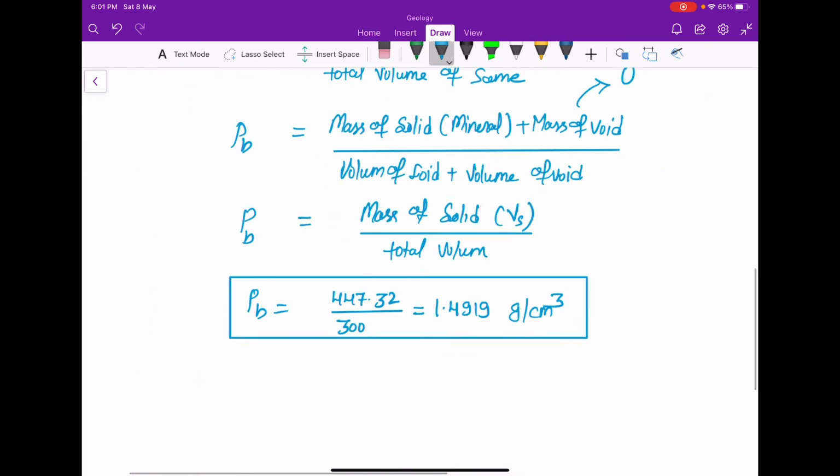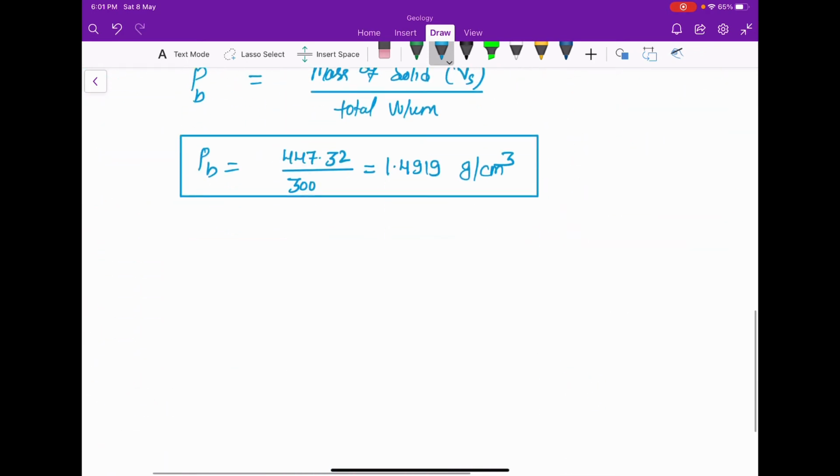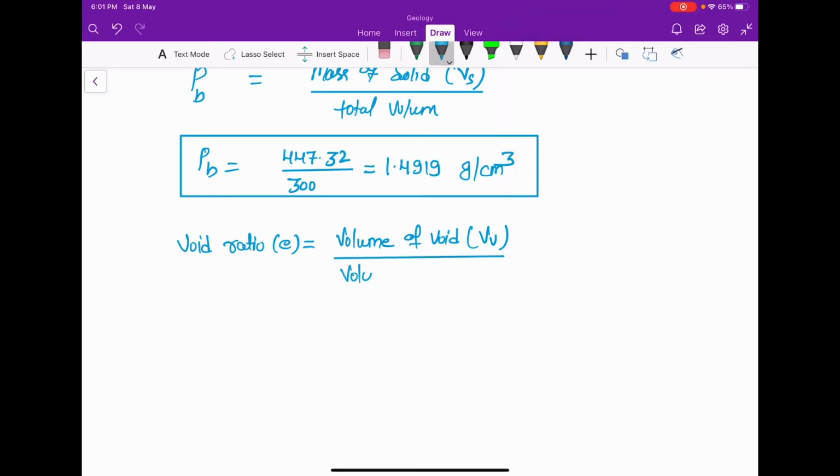Next, we have to find the void ratio. The void ratio is represented by e. The volume of void, Vv, divided by the volume of solid, is the formula for void ratio.